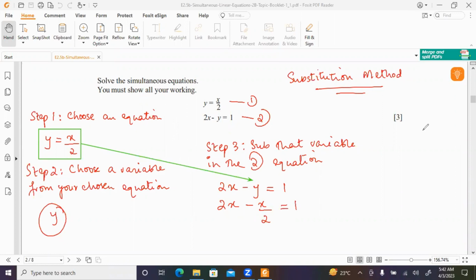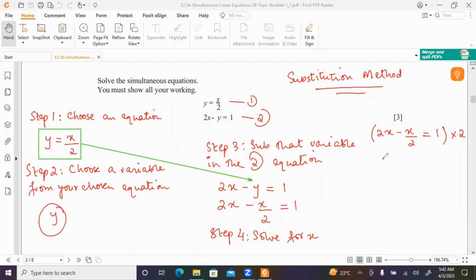Once we have made the substitution, step 4 is solve for x. That means I'm going to solve this equation and find the value of x. So 2x minus x over 2 equals 1. Since I want to get rid of the fraction first, I'm going to multiply the entire equation by the denominator, which is 2.